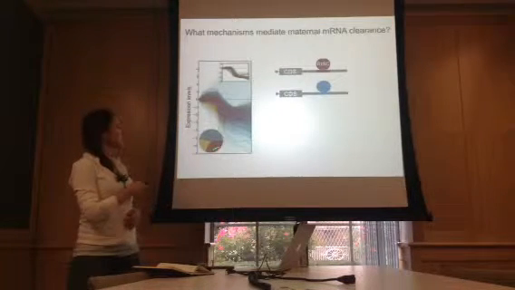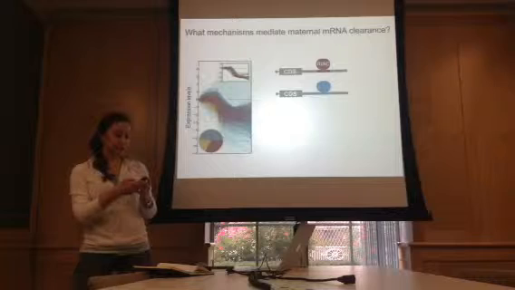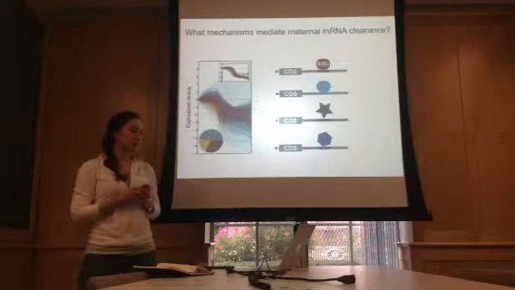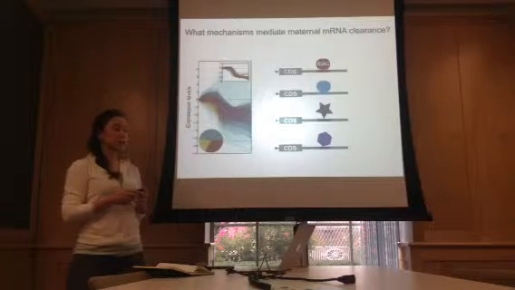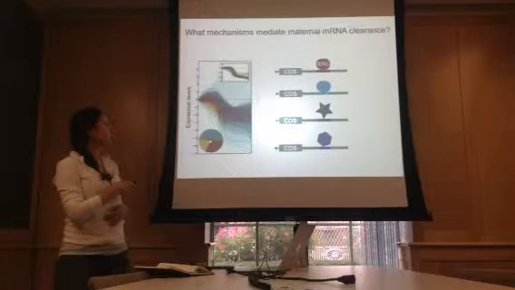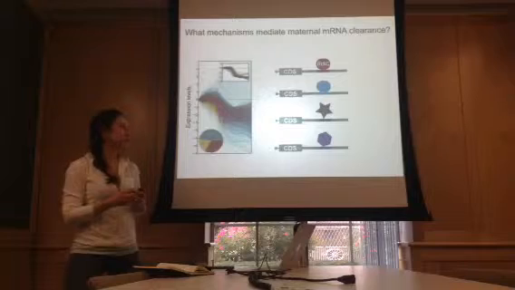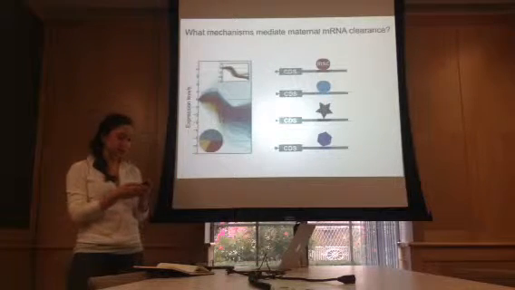But of course, because there are over 1,000 of these transcripts, we can't exclude the possibility that there is more than one cis-regulatory element. And so the big question became: how do we identify how such a large number of transcripts are regulated?